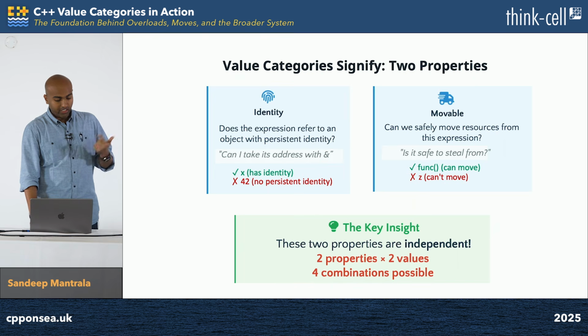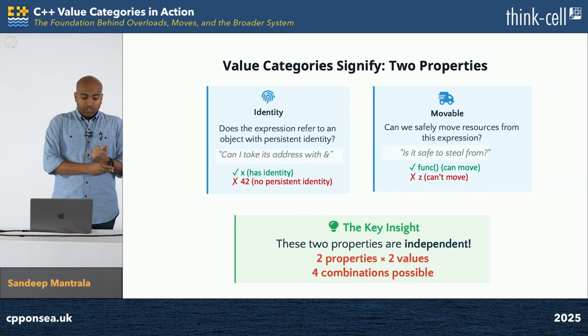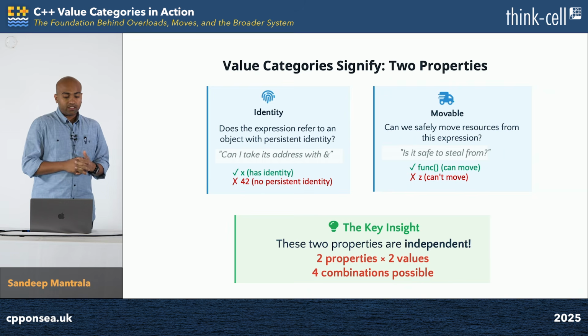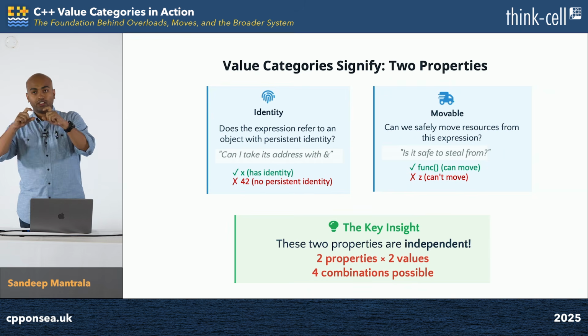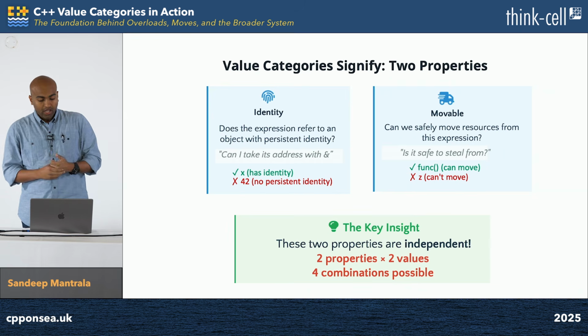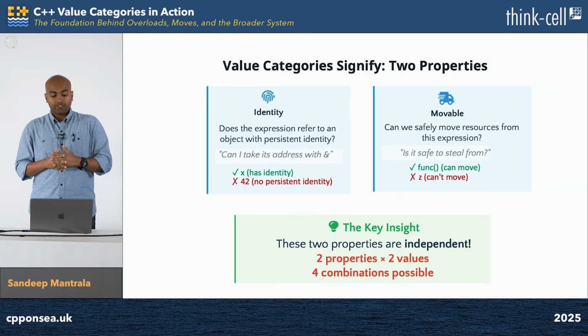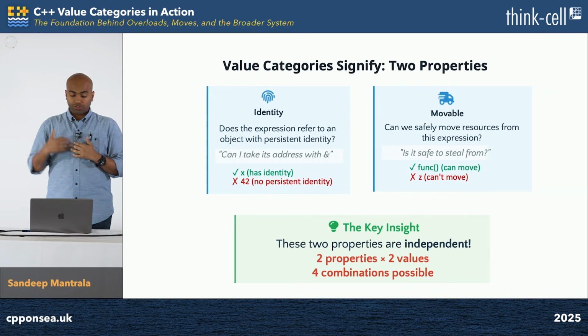So identity and movable nature. What is identity? Like I just explained, does the expression refer to an object with persistent identity beyond the line in which you are using this expression? The movable nature: can we safely move resources from this expression, is it safe to steal the resources from it or not?